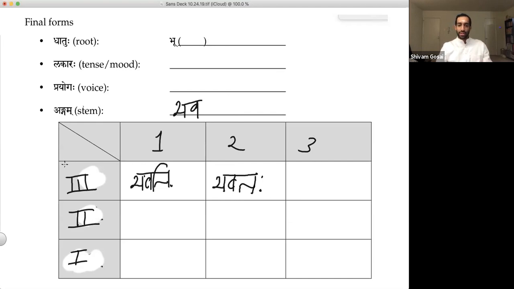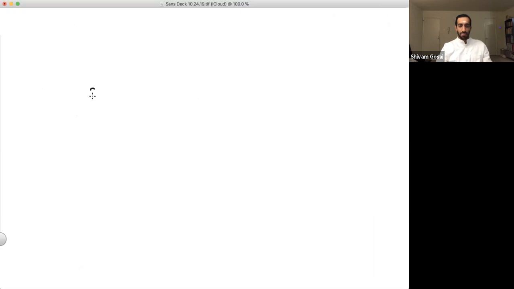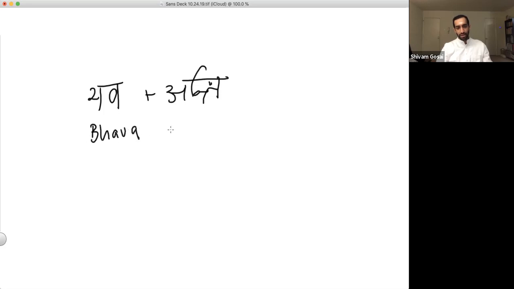Okay, so now we're at 3rd person and then plural. Now here, it's a little bit more tricky than it looks. So I have bhava, and then I add anti. If I write in transliteration, it would look like this, bhava plus anti.